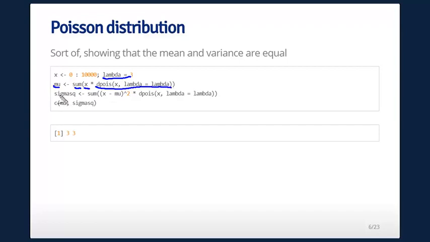And my sigma squared is just the sum of the squared deviations around the mu value times our mass function values. So here's my mu and my sigma, and of course it's 3, exactly equal to the lambda we plugged in as the theoretical value. If you know the expansion for e, then you can actually prove this rigorously.